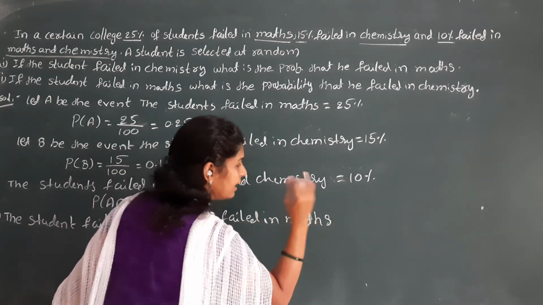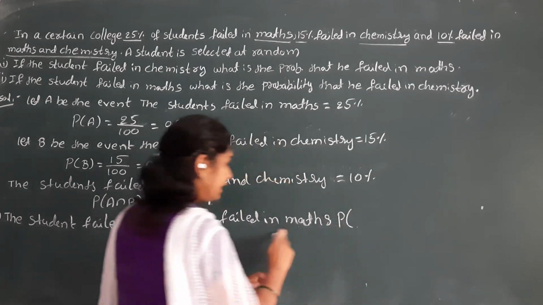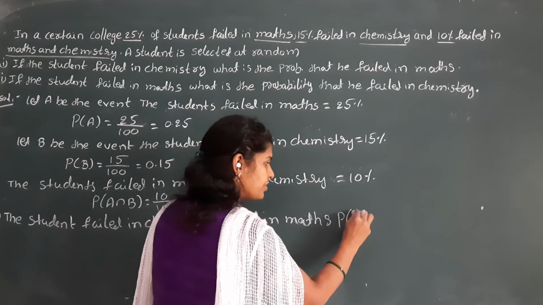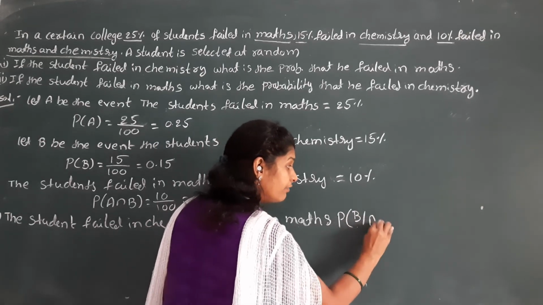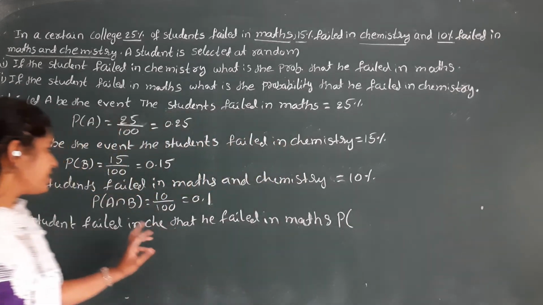So I am writing P of that he failed in maths, given he failed in chemistry. Sorry, already he failed in chemistry.